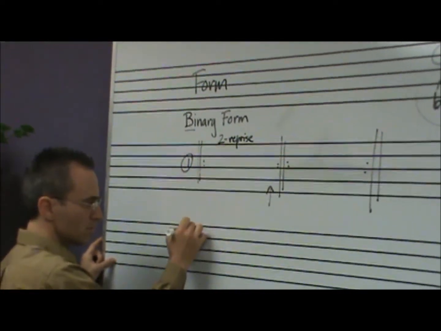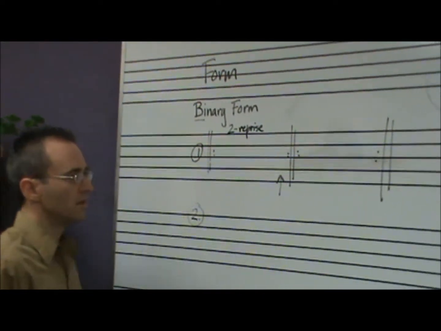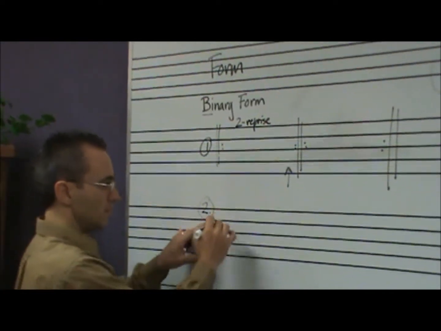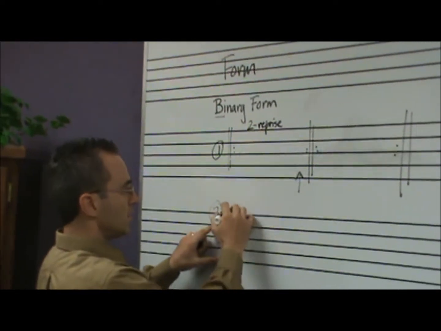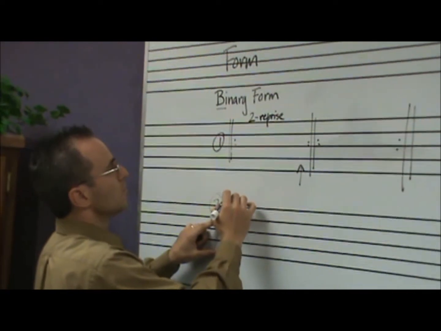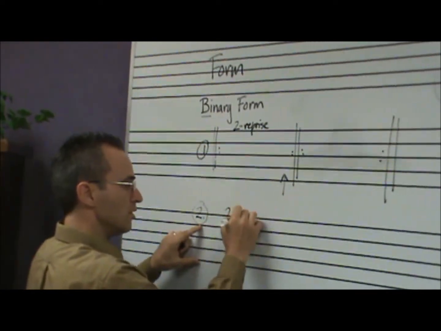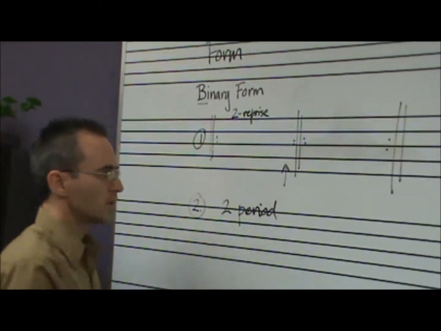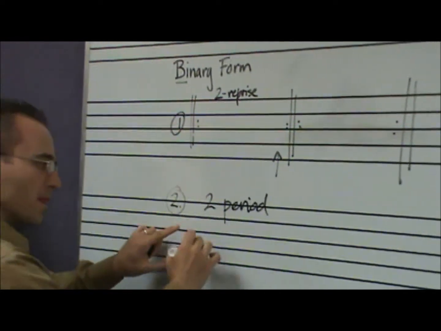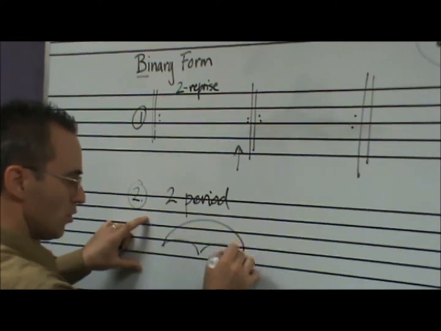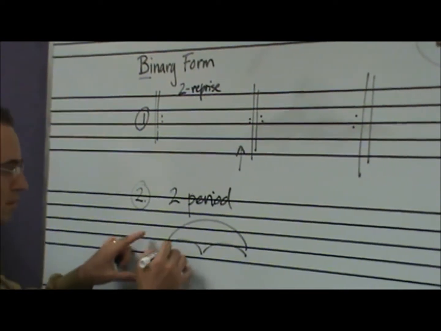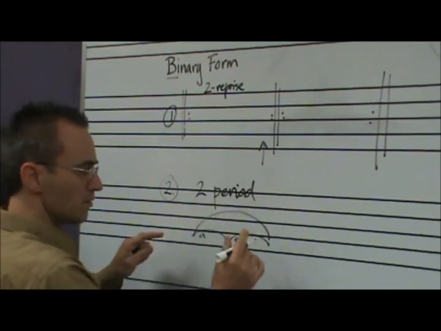Now, the traditional way of, let me lay this out another way here. So, two, period. Okay. If you have, say, an opening idea, maybe it's a parallel period, some kind of period.